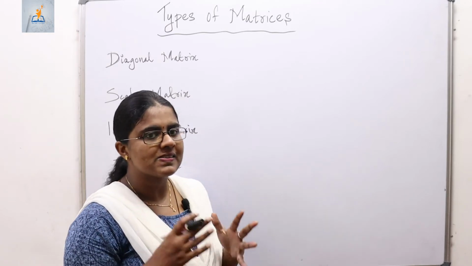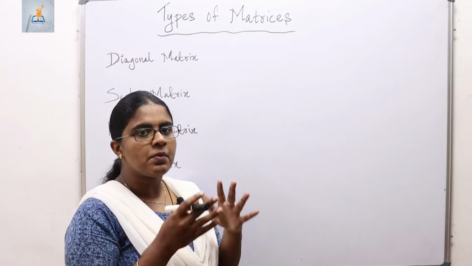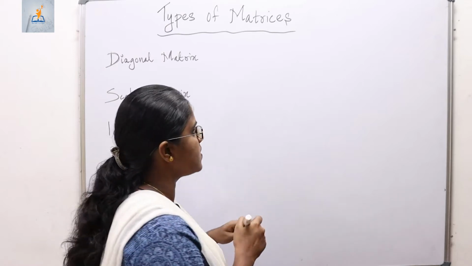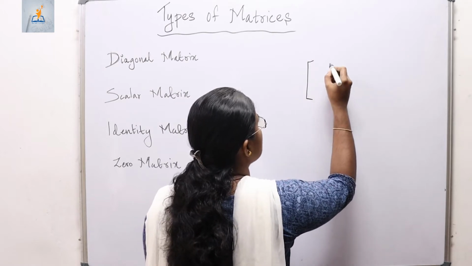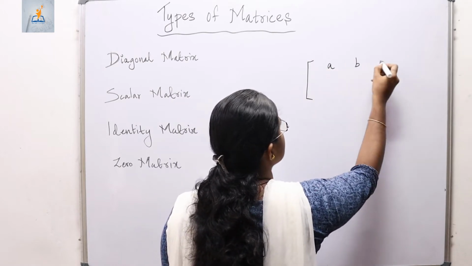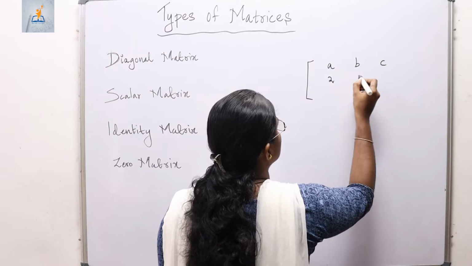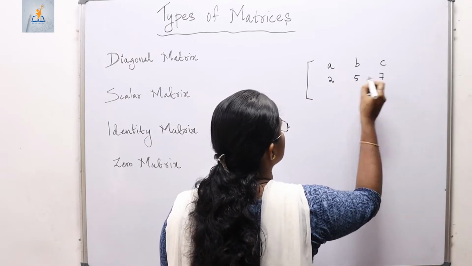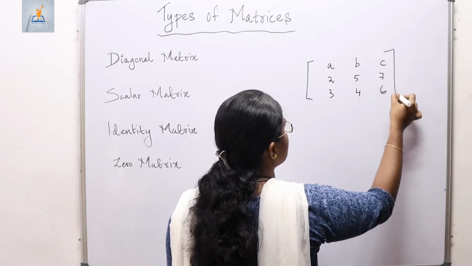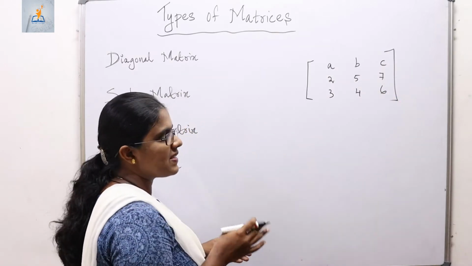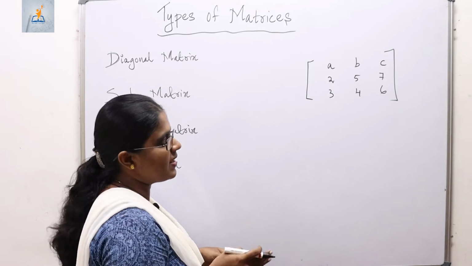A square matrix is a matrix having the same number of rows and columns. So let me give an example of a 3 by 3 matrix like A, B, C, 1, 2, 5, 7, 3, 4, 6.